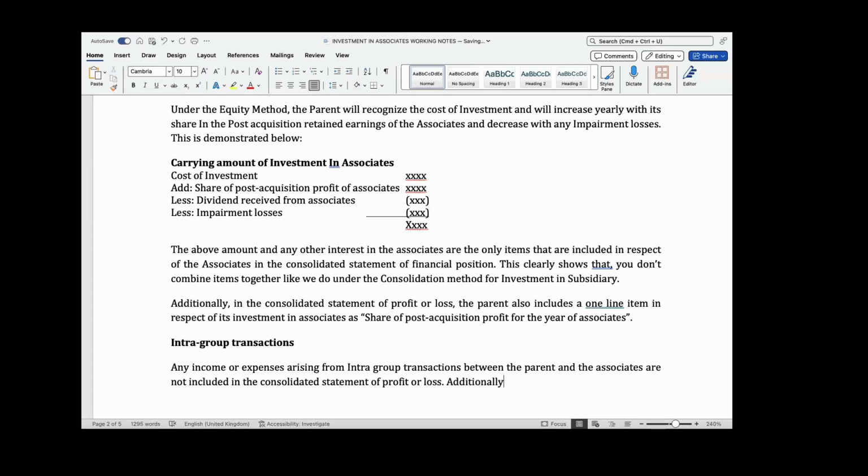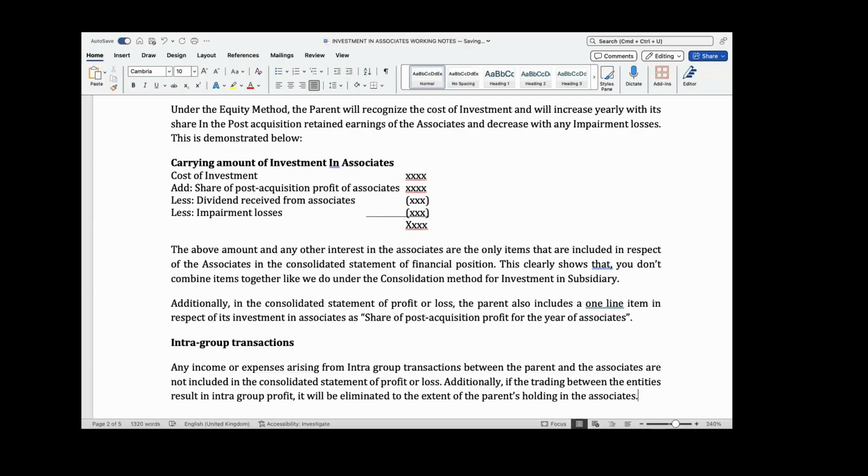Additionally, if the trading between the entities results in intra-group profits, it will be eliminated to the extent of the parent's holding in the associates.